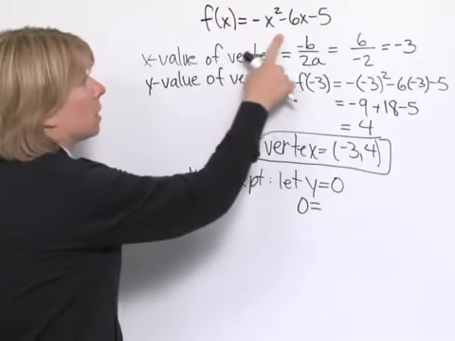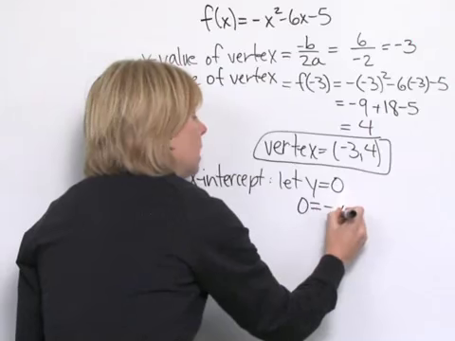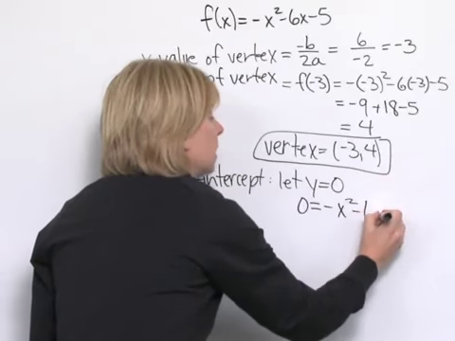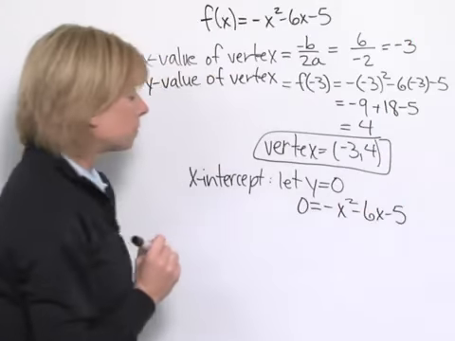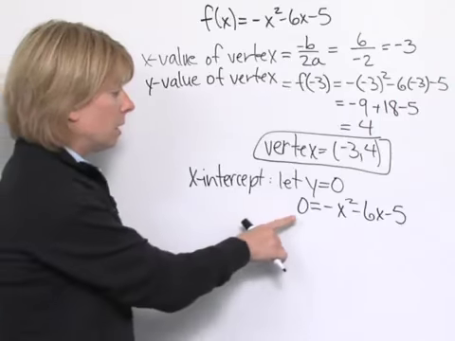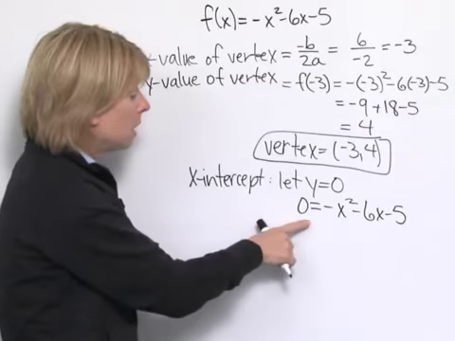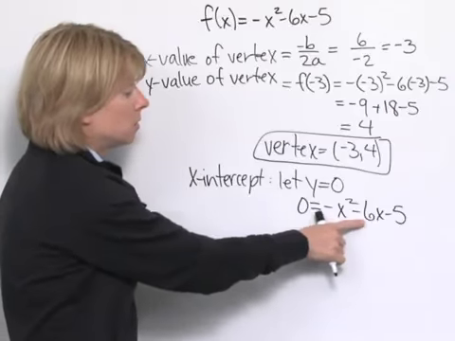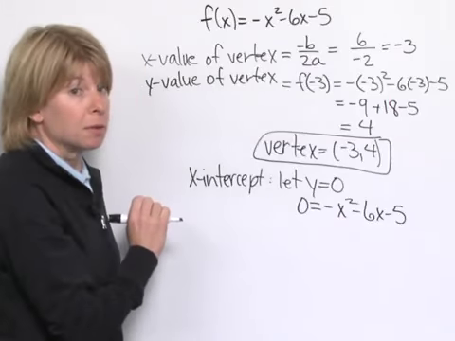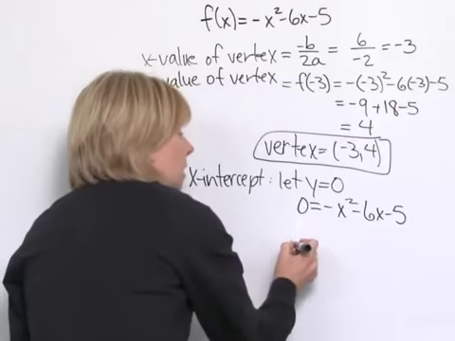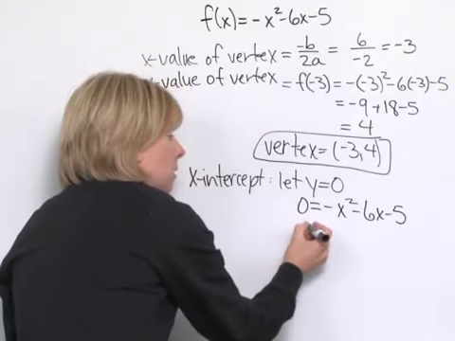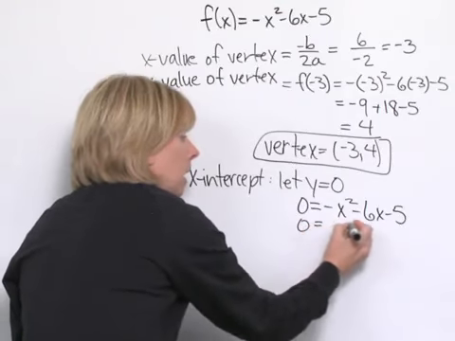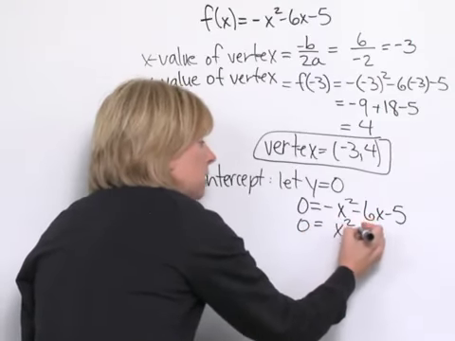So I have 0 equals negative x squared minus 6x minus 5. Now I've got a quadratic equation to solve. First I'm going to divide each side by negative 1, so I have all positives on my right and I'll be able to factor that more easily. Dividing by negative 1, I still have 0 here, and all my signs on the right change to positive.